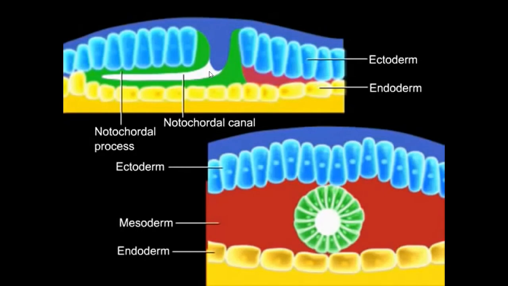And you see inside this notochord we have a connection between the notochordal canal and the amniotic cavity. Upside we have an amniotic cavity, just a reminder, and this notochordal process is still present. Okay, and mesoderm is growing along.